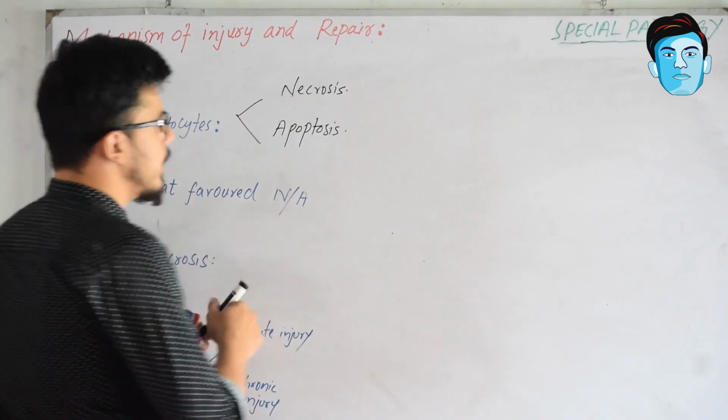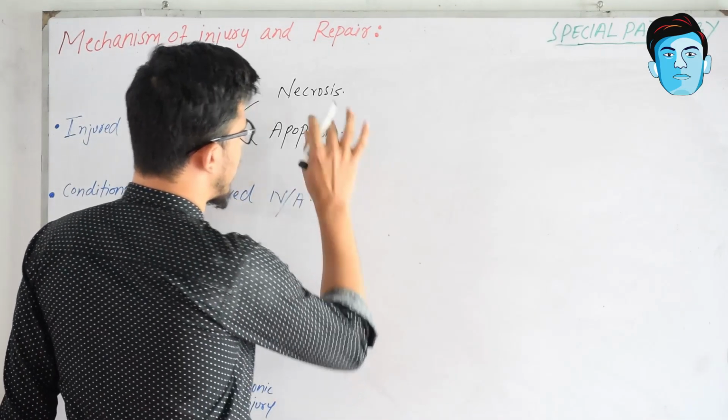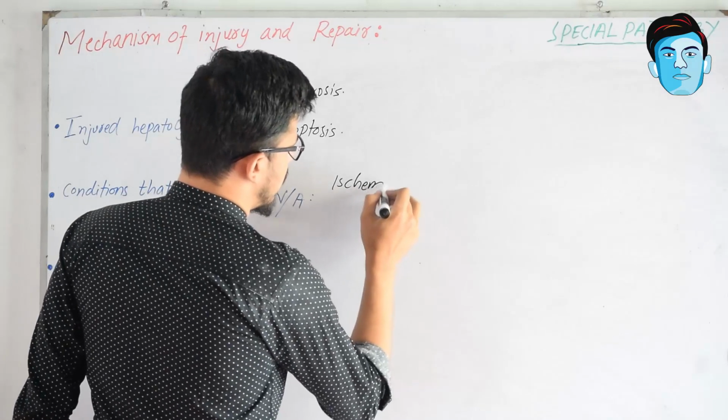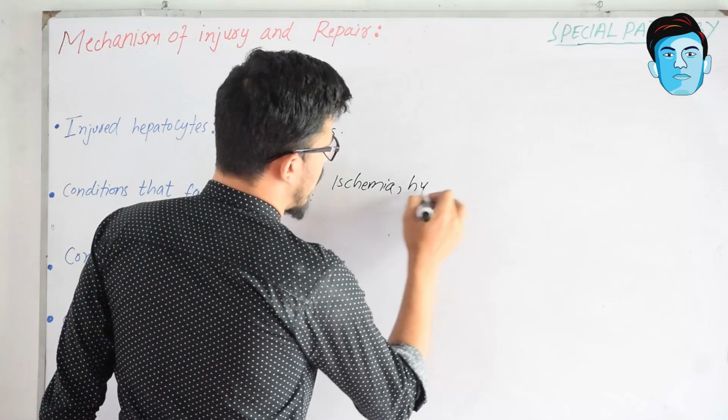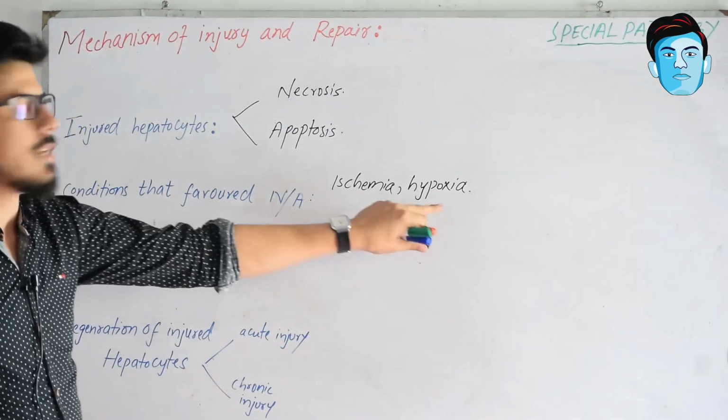There are certain conditions that lead to necrosis. That is ischemia and hypoxia. Ischemia means decreased blood supply, hypoxia means decreased oxygen level.